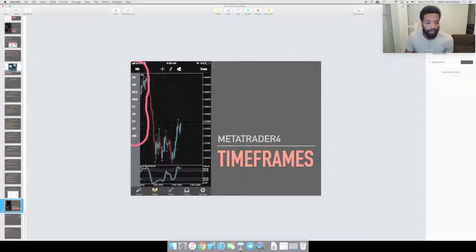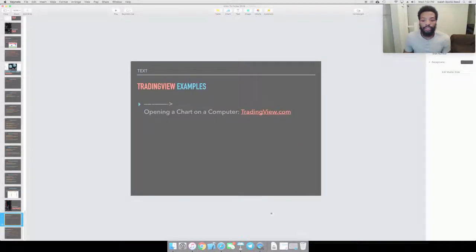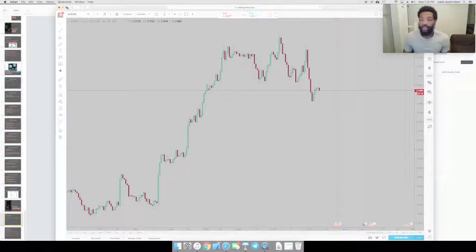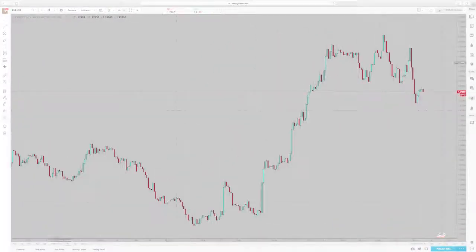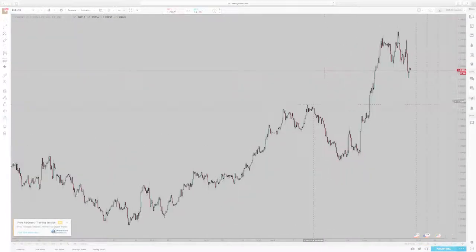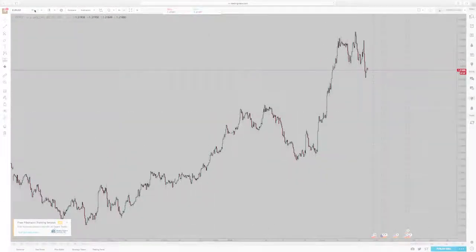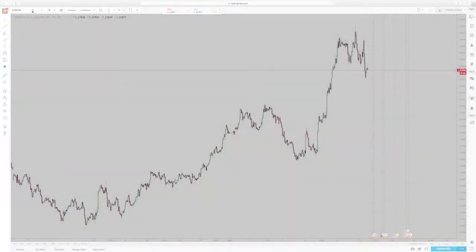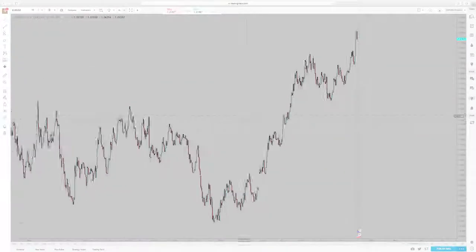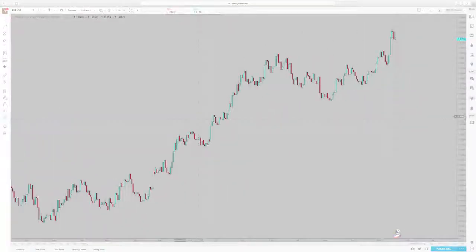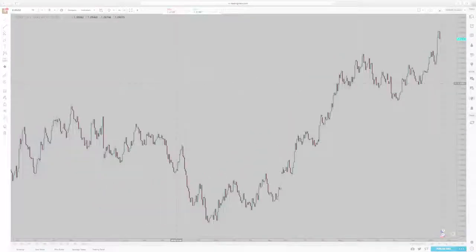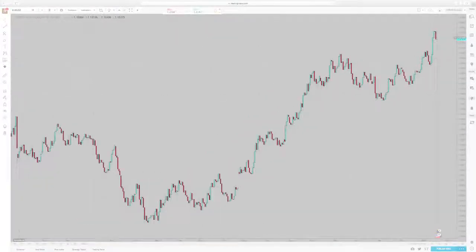So let's go into TradingView. I want to show you guys something, a good example of time frames. In TradingView, I never actually went over the time frames with you, but now we're going over time frames. Usually you would see me on a day chart. I didn't really care what time frame I was on, but let's give a good example.